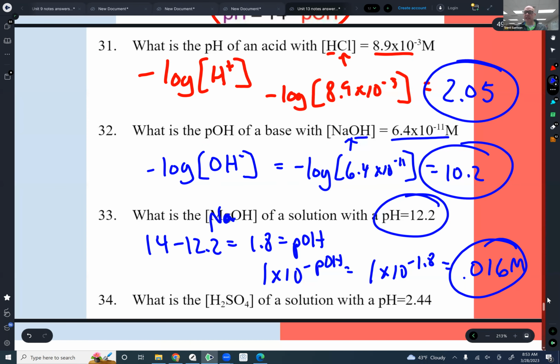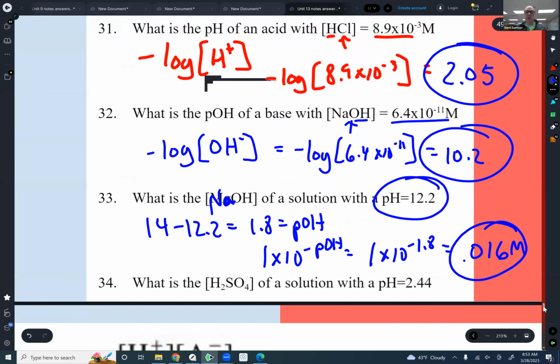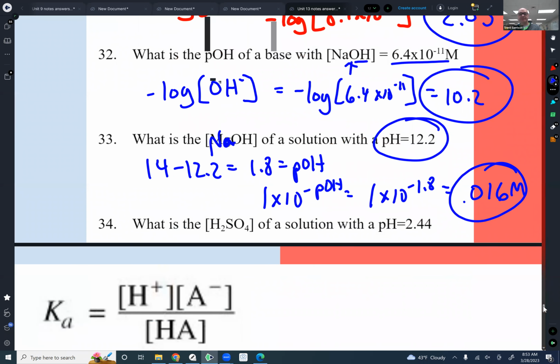And we have one more example to do. Probably should have left a little bit more room. So you are given a pH of 2.44. What is the concentration of this solution? So we'll do the exact same thing.